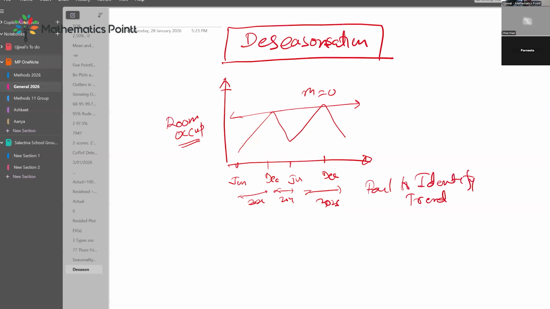As you said, it's a flat line. There is no trend. That means this hotel's business is neither going up nor down. It's pretty much doing the same revenue across the years. But that might be incorrect.